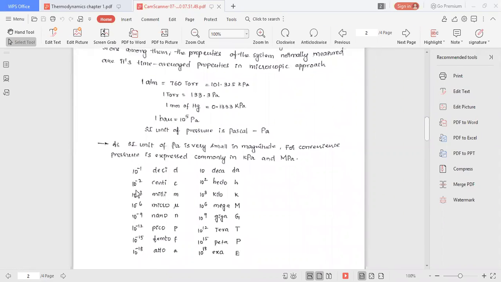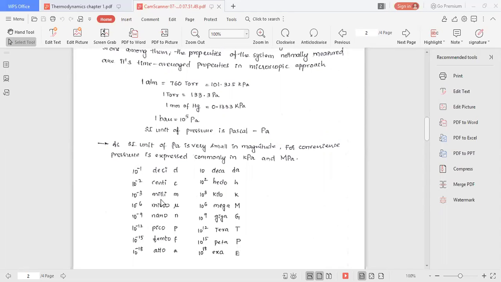Next, these are some prefixes. You must remember them from an engineering point of view, not just for thermodynamics. They will be useful in every subject. 10 power minus 1 means deci. 10 power minus 2 centi. 10 power minus 3 milli.